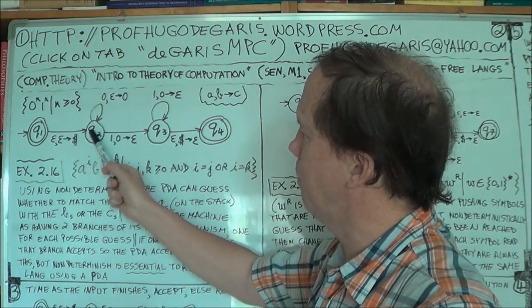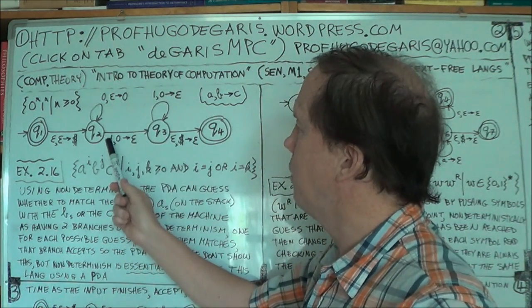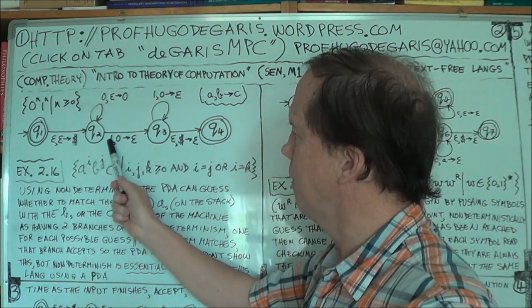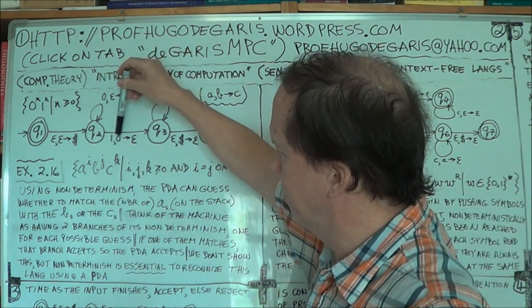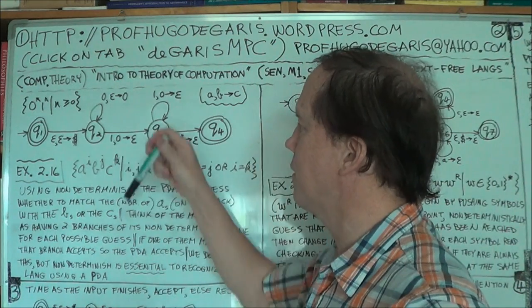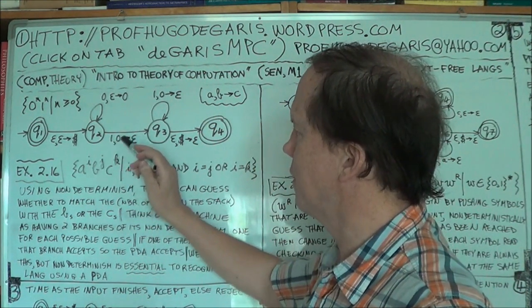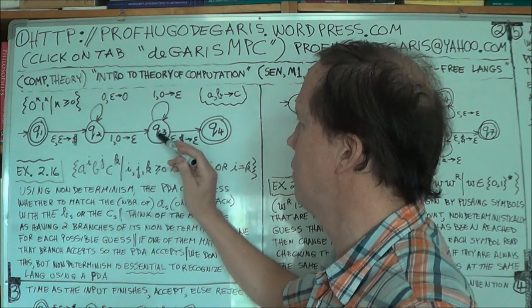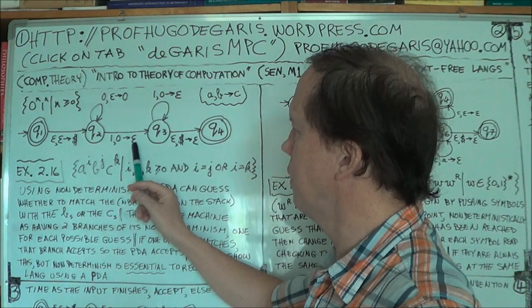So we're back in Q2, and 0 and $ are on the stack, and then we read a 1 in the input string. We read what's on the top of the stack, and it's a 0. So this matches. Okay, so execute the transition, move to state Q3, and do nothing with the stack.